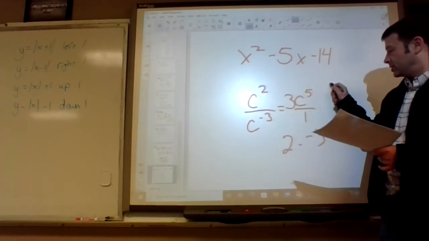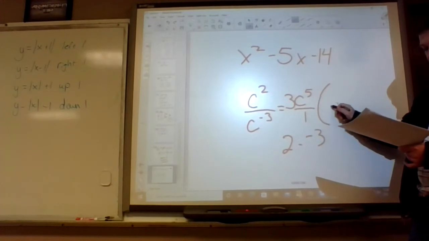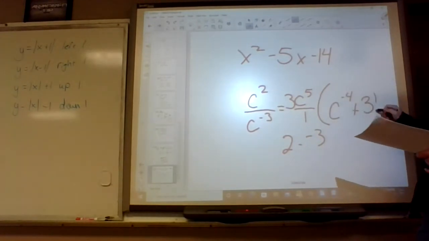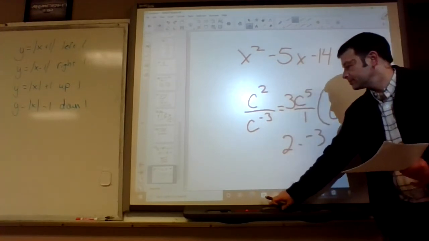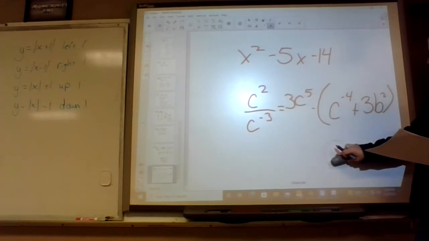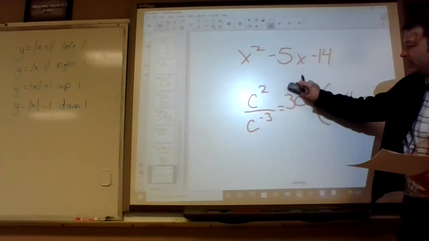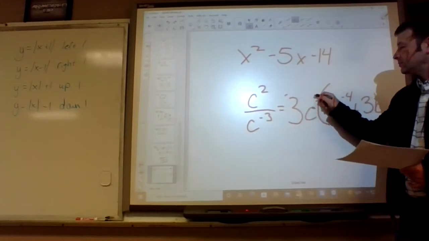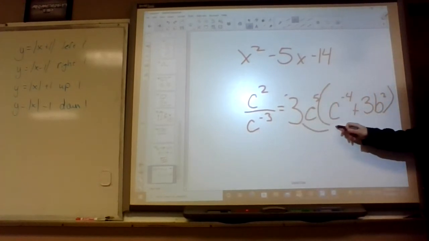And then guess what we're going to do with the parentheses? Multiply. Distributive property. Okay, I didn't really need the denominator for this. There. Distributive property.